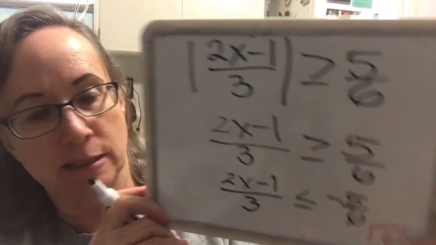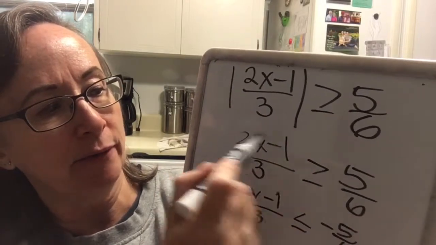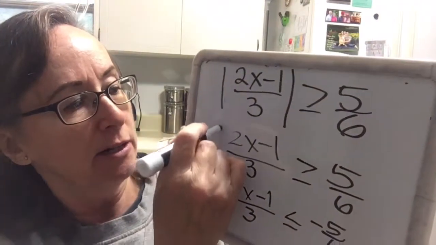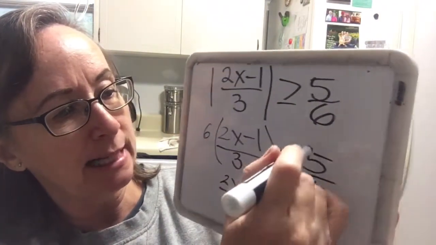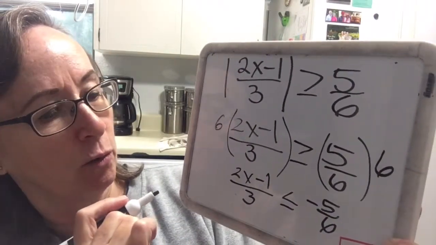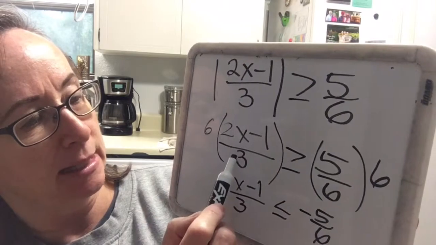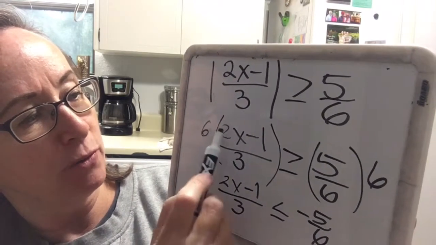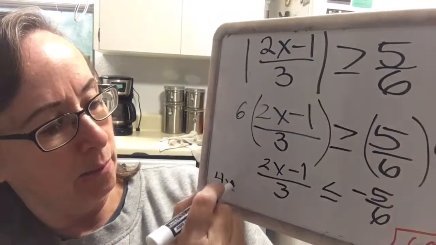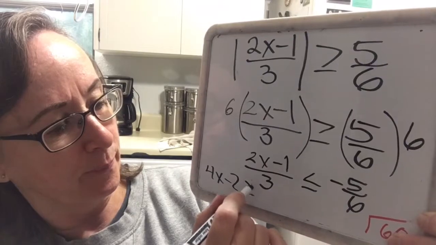Now, can I multiply through everything by 6 and clear out those fractions altogether? Let's do that. Let's multiply this by 6, and this by 6. We're going to wind up with the 6 and the 3 canceling, so I'm going to end up with 4x minus 2 is greater than or equal to 5.